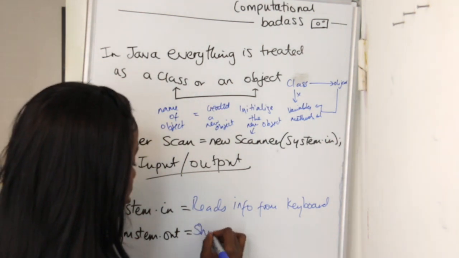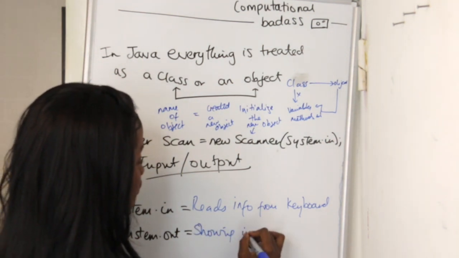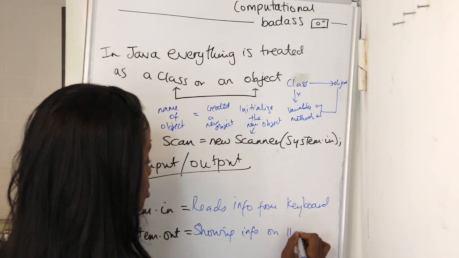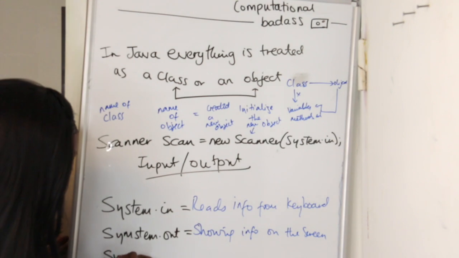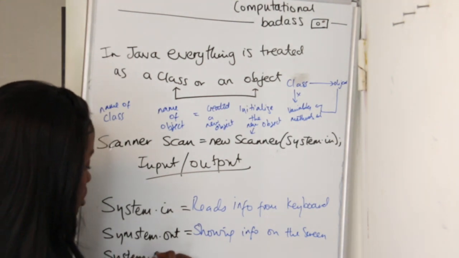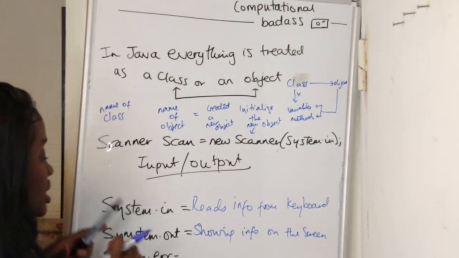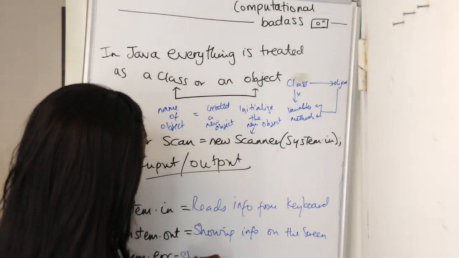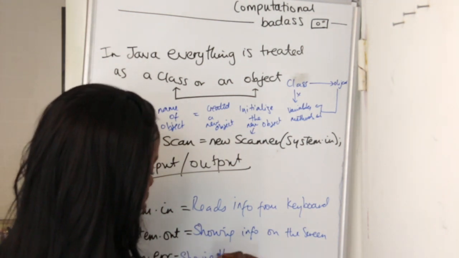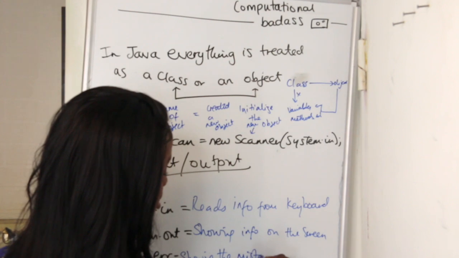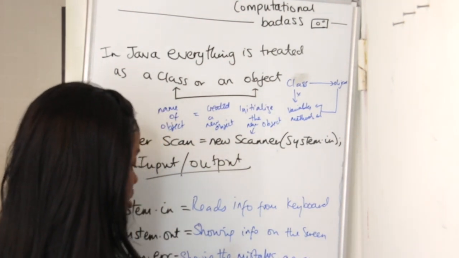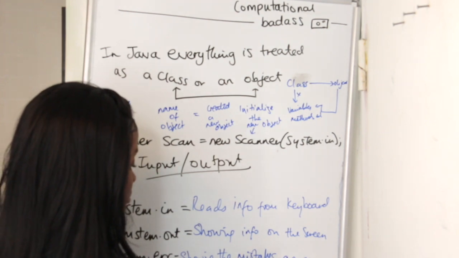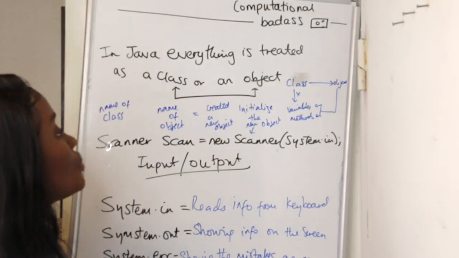So it's showing the information on the screen. Okay, and then System.err is literally just showing the mistakes that you've made as an error message. Okay, so this is the first part.